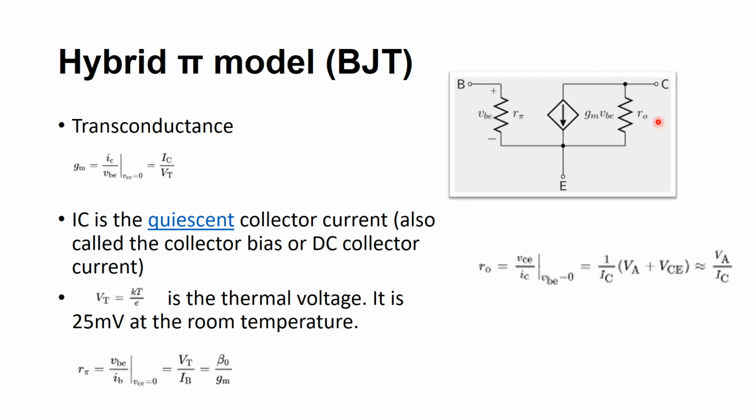These are the input and output voltages respectively. Then the input current coming from this node is the ib or i1, which is your base current, and the output current coming from the collector into the circuit is i2, which is collector current ic. Now we will define a few terms with respect to this model.